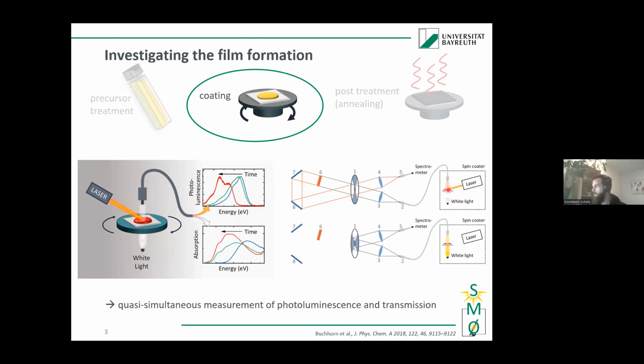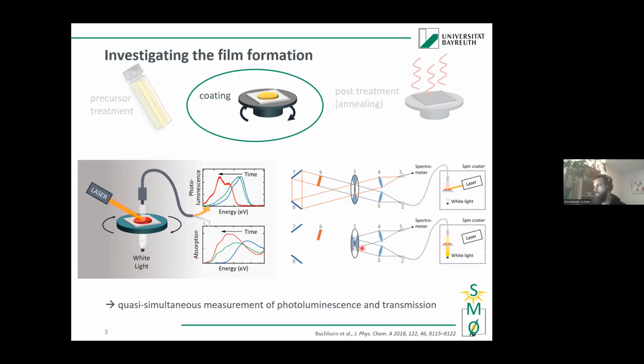The emitted light from the sample is collected via an optical fiber, led into a detection system. You have here a chopper wheel, and the light passes through this chopper wheel through a filter, which filters away the laser wavelength, and is then led with these two mirrors to a spectrograph. For the case of an absorption measurement, the laser is off, the white light is on.